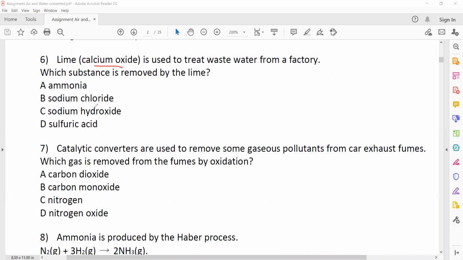So metal oxide can remove acid. Ammonia is basic, so it cannot remove. Sodium chloride is a salt, neither acidic nor alkaline. Sodium hydroxide is an alkali. Sulfuric acid is an acid. So D is the right answer because metal oxide can react with acids.